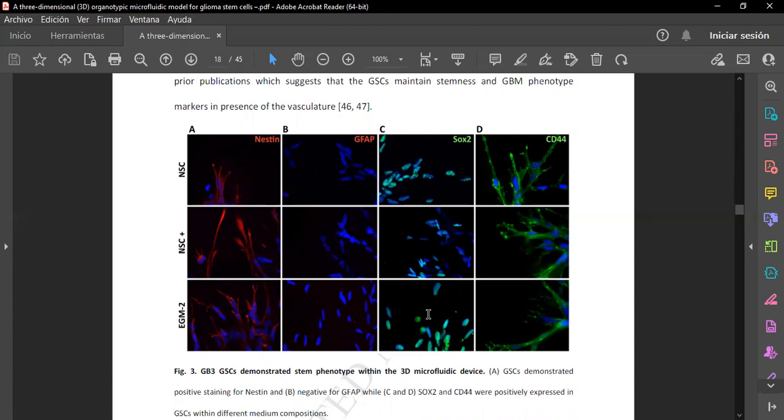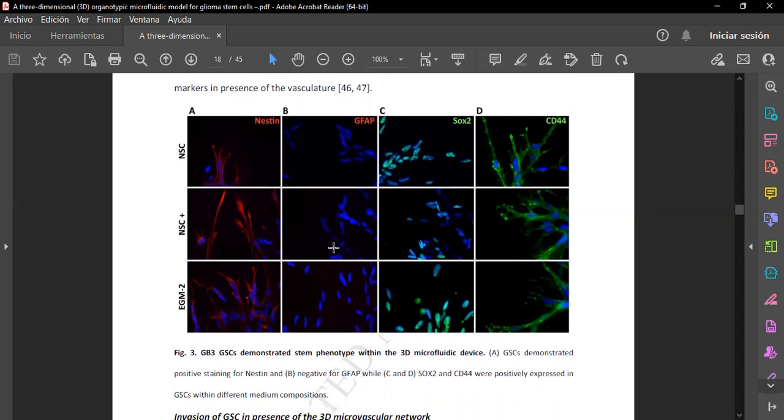Here in this picture, you can see the stem cell markers expression by different GB3 cells in 3 different culture media: NSC, NSC supplemented with serum, and EGM2, all of which are considered optimal to keep stem cell phenotypes.